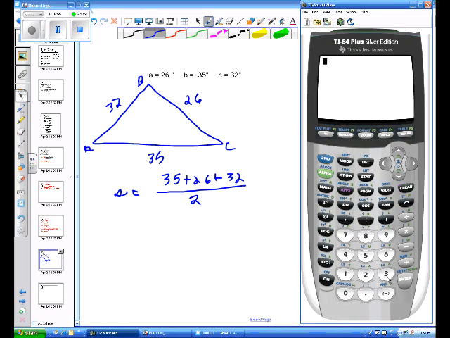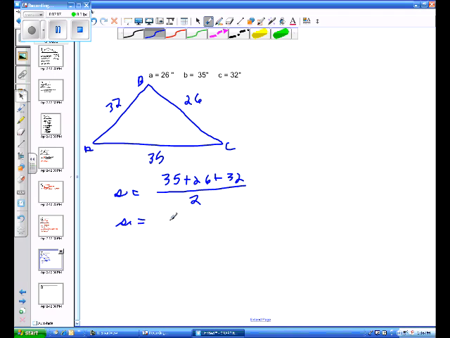So it's 35 plus 26 plus 32. And again, I forgot my parentheses, so enter, divided by 2, and I get 46.5. We do not round off here. We use the semi-perimeter, and it's either going to be a whole number or it'll be a 0.5. So it's going to be 46.5.